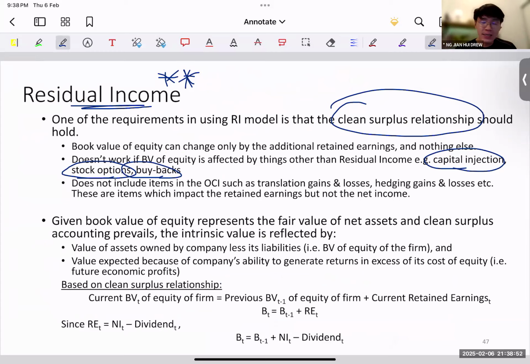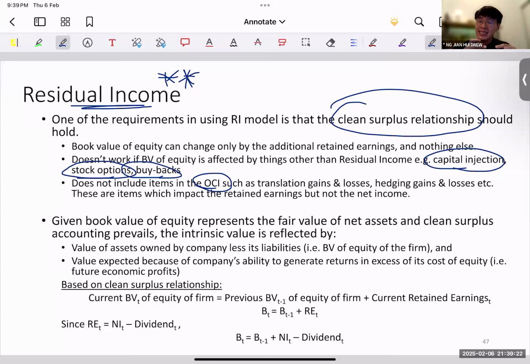So what's OCI? This taps back on your accounting module, where it does not take into account things like your other comprehensive income items. What's interesting is that your other comprehensive income items in OCI impact your retained earnings directly and do not impact your net income. So this is a bit technical. Why?